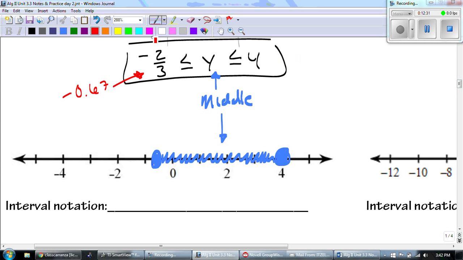So our graph starts at negative 2/3 and it's closed, and then it ends at 4. So negative 2/3, comma, 4. Let's make that look like a nice 4. That's a little better.